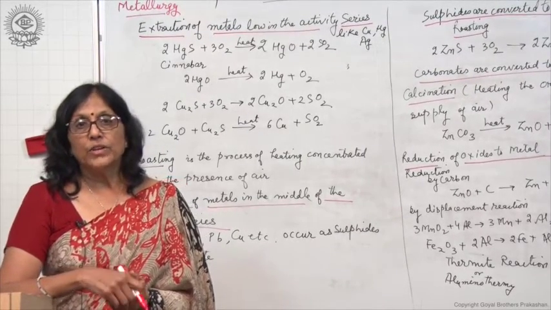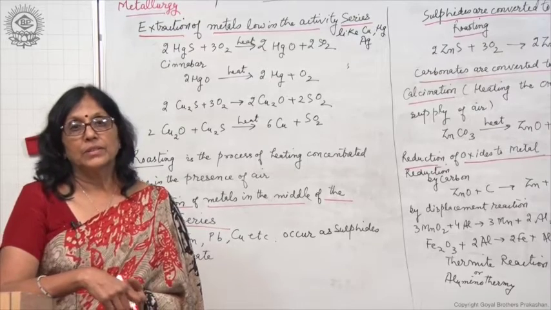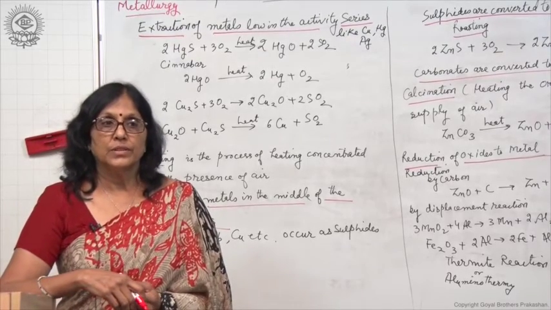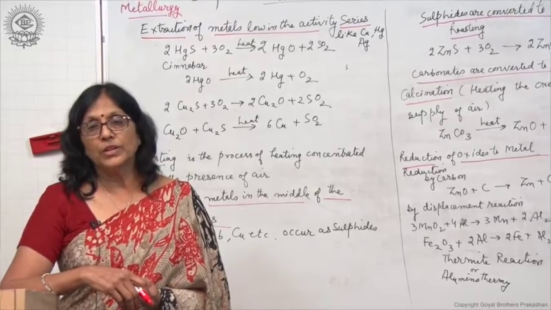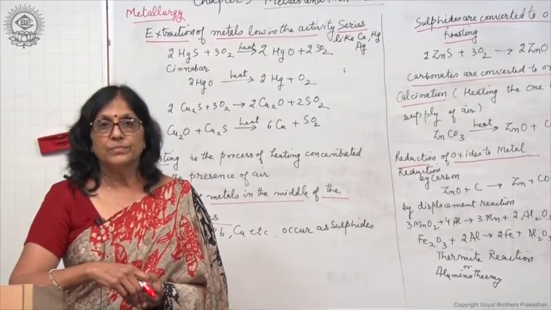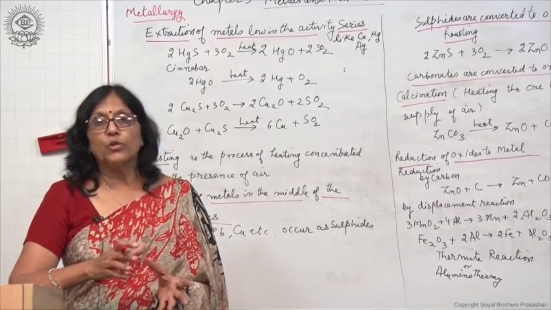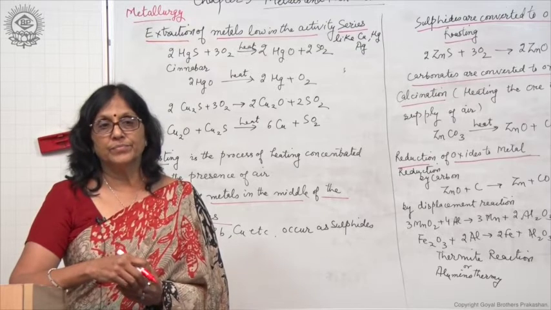As we have discussed, in the Earth's crust the compounds of the metal are found in the form of rocks along with the gangue.